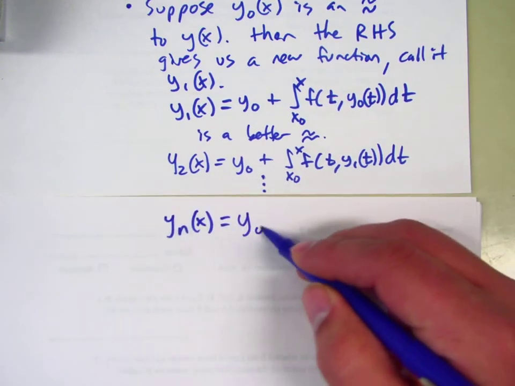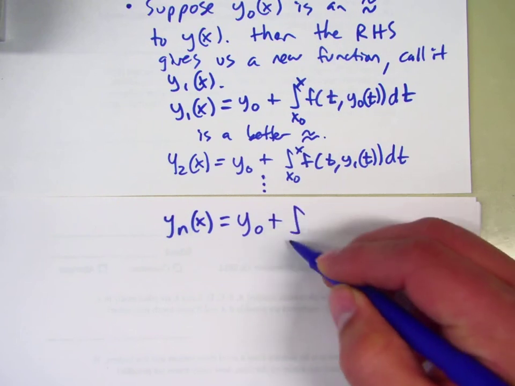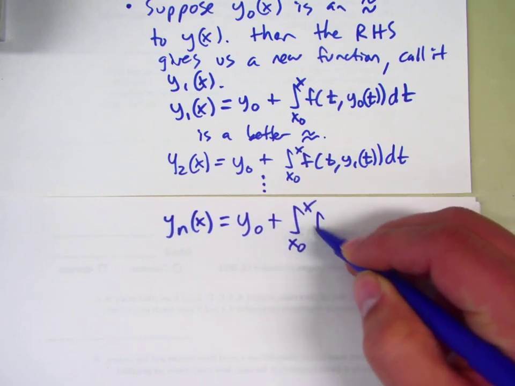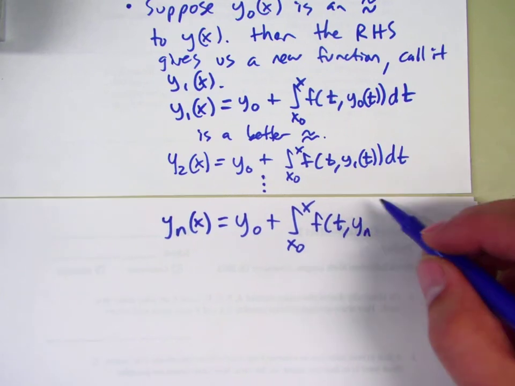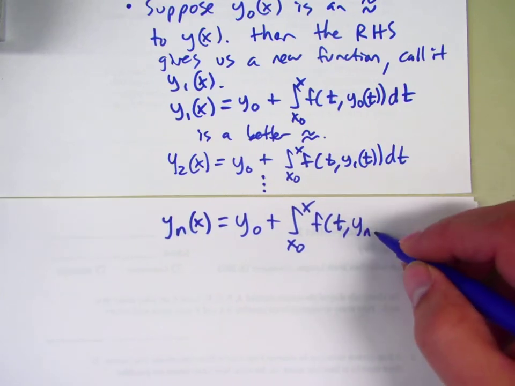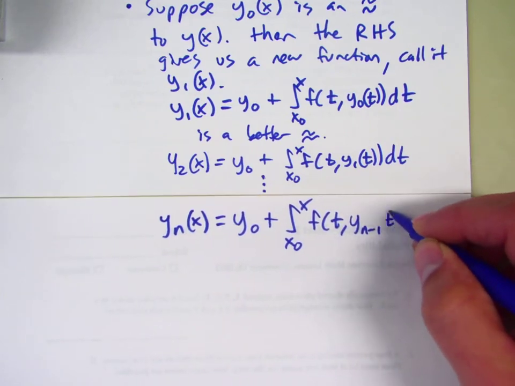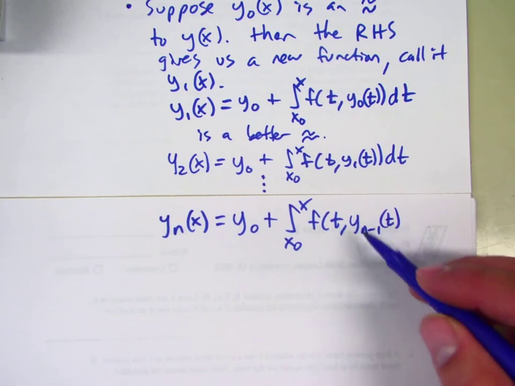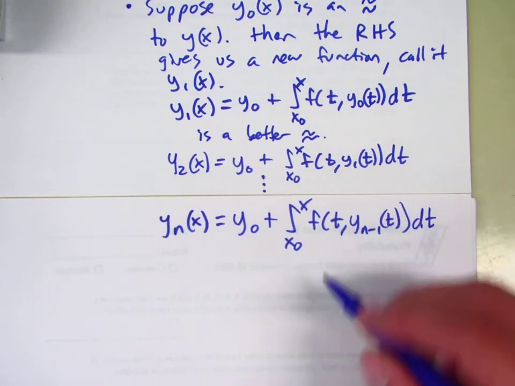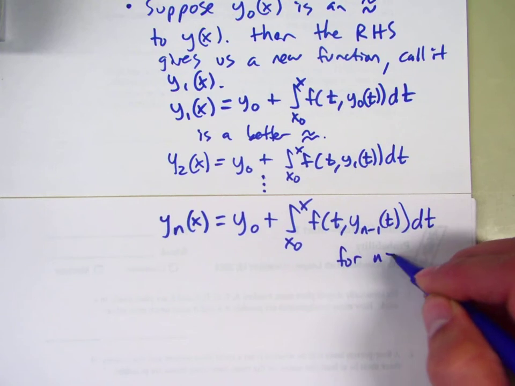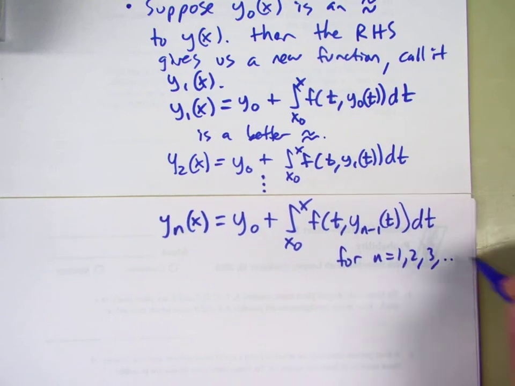And we're just going to have y naught plus the integral from x naught to x of f of t times y sub n minus 1 of t, because we're always going to plug in the previous function into the integral, dt. And then this is, of course, for n equals 1, 2, 3, etc.